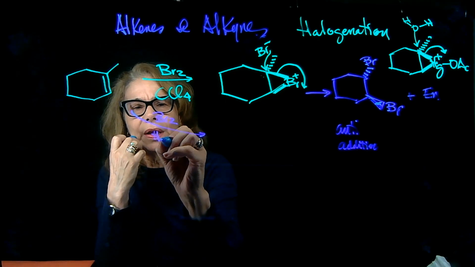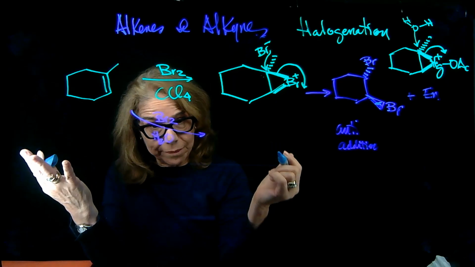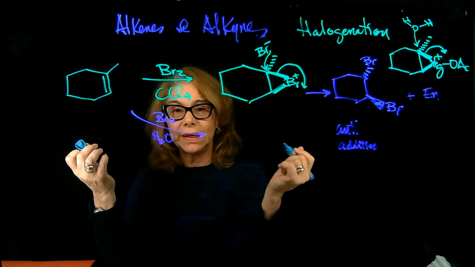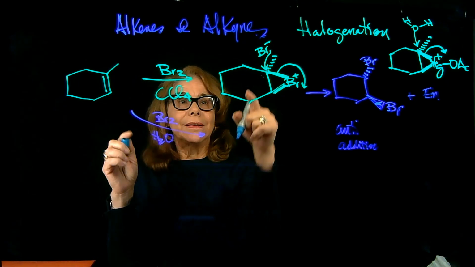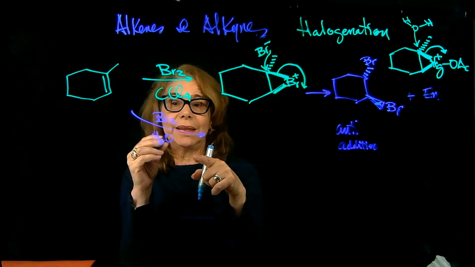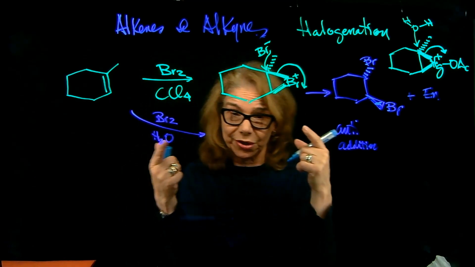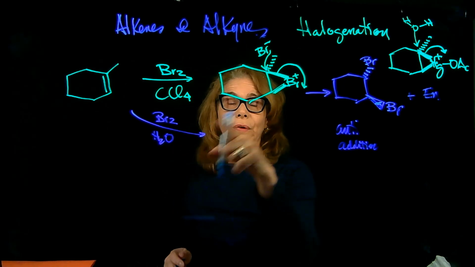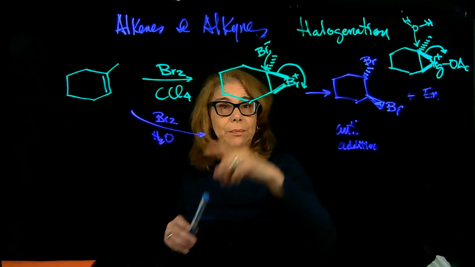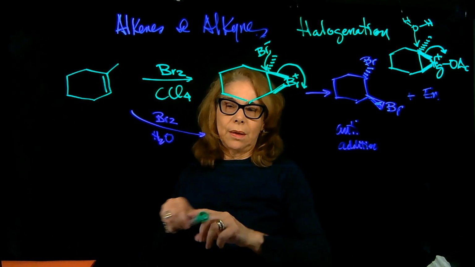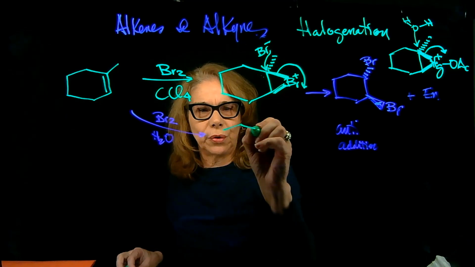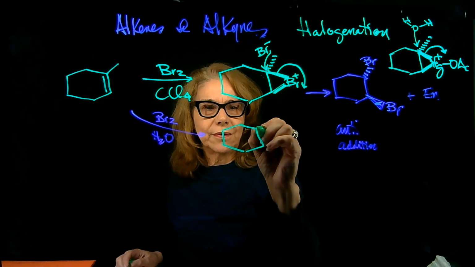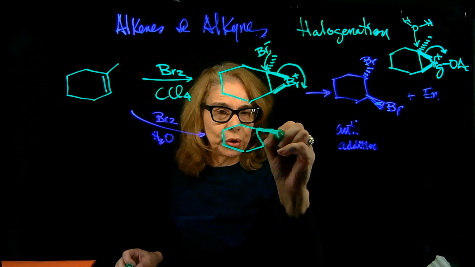If I do this reaction with water, or methanol, or ethanol, or something else, then the bromonium forms, but then the solvent is in much larger quantities compared to the bromide. So the nucleophile here, instead of being bromide, will be water in this case. So I'm going to draw that. I'm doing the same bromonium intermediate, it is the same.